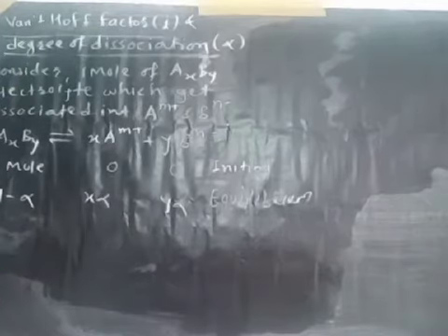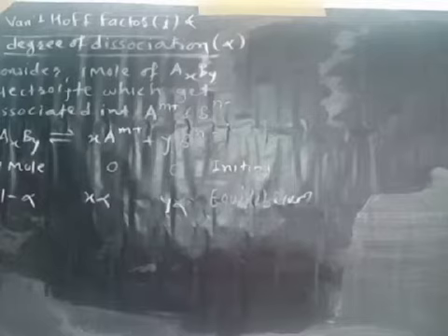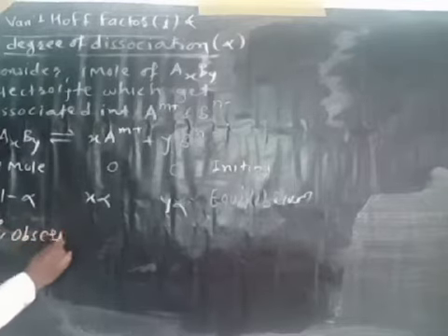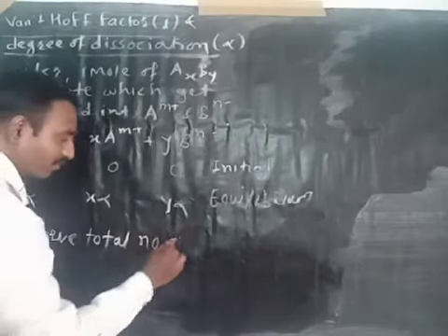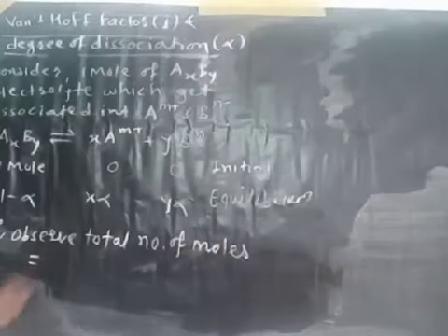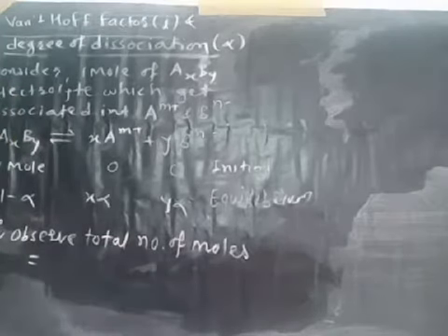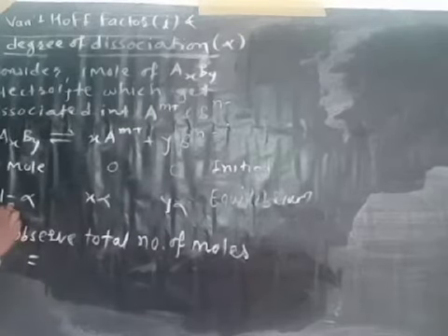From this we can say that the observed total number of moles is equal to, what will be the value for the observed total number of moles? That will be the sum of the undissociated part and the dissociated part.